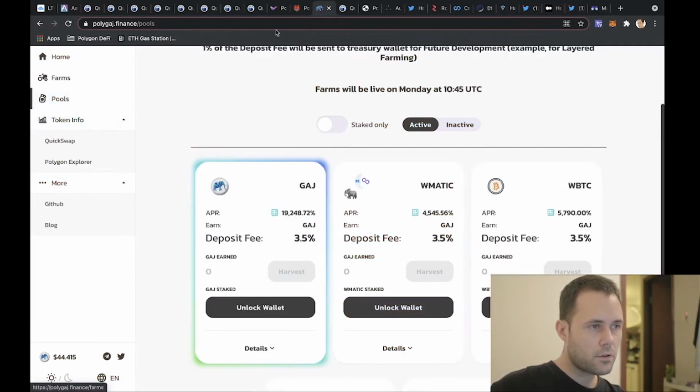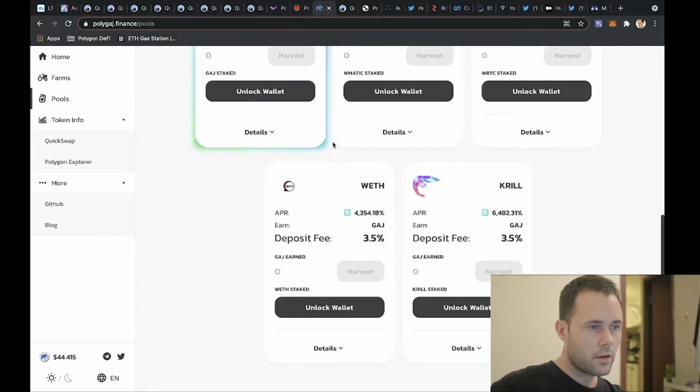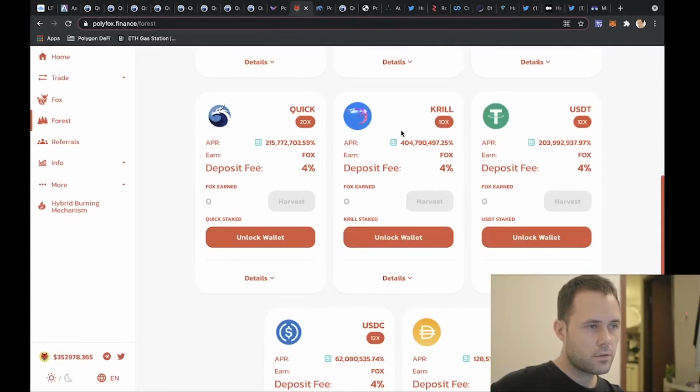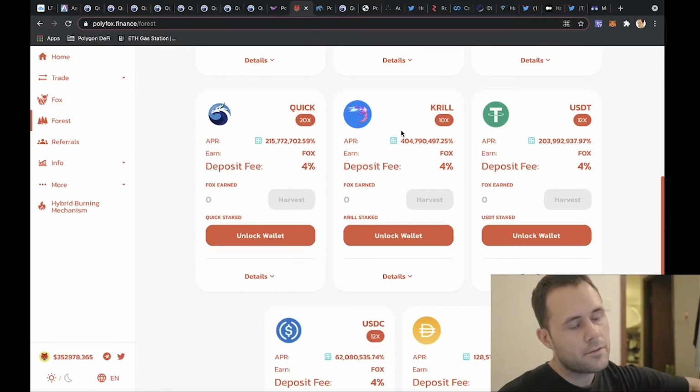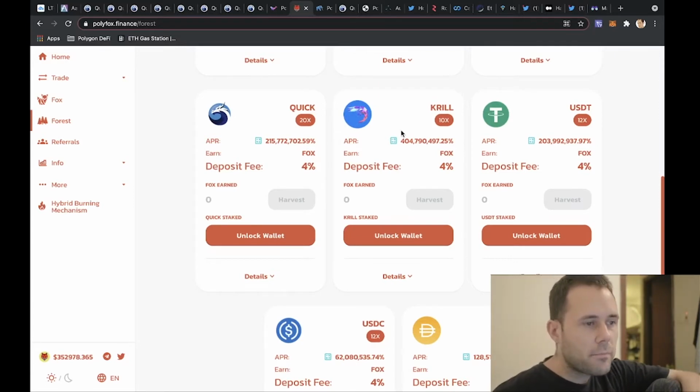One thing to note is they've both got krill staking. Krill. So actually, I'm thinking my approach with BNB was like throw as much BNB at as many farms as possible and see which one sticks and see which one works out.